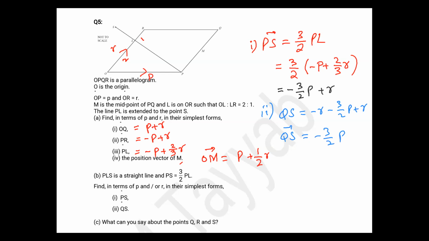Okay, C part. What can you say about the points Q, R, and S? Q is here. Here is R. This is S. What can you say about the points Q, R, and S? Who knows the answer? Raise your hand if you think you know the answer. Right, Ramin?